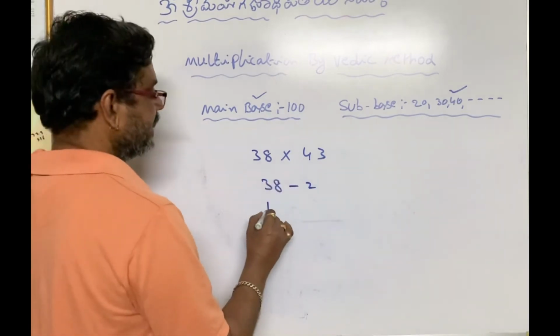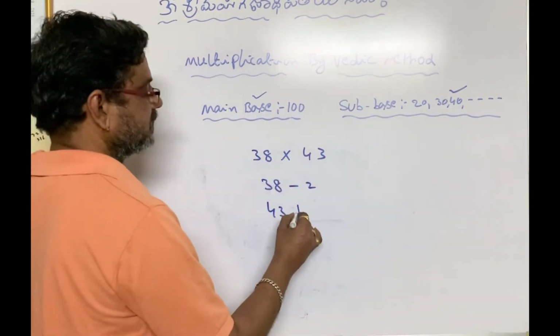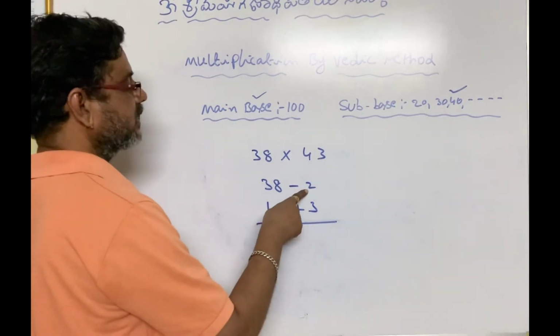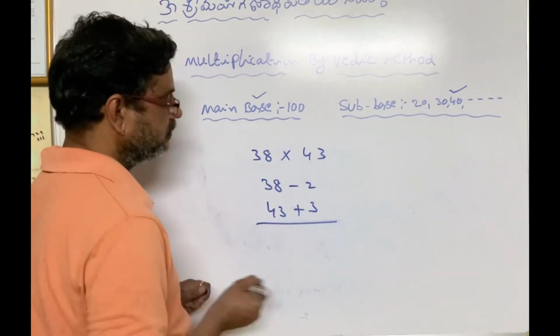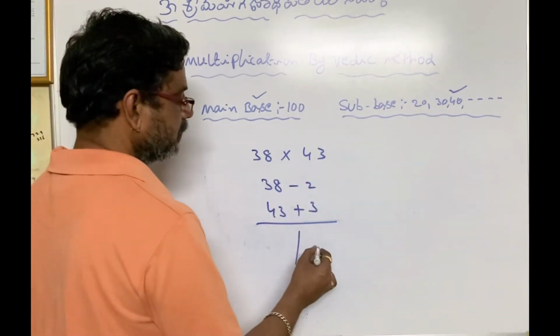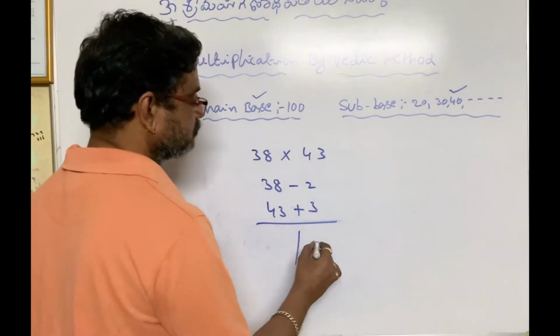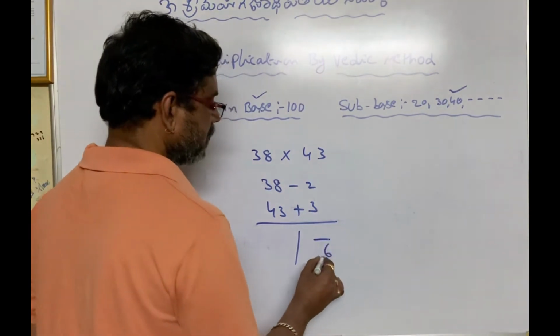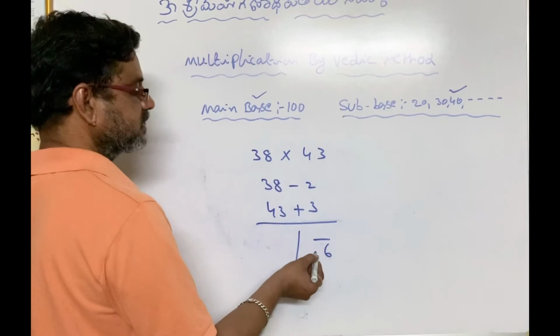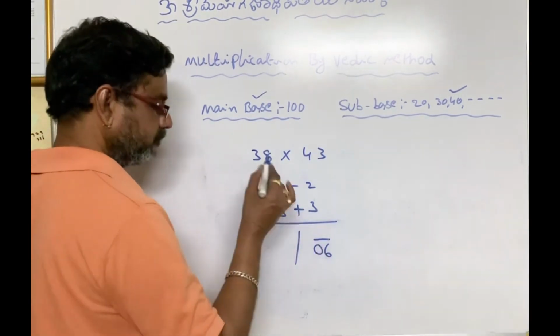And 43 is 3 more than the base, I will write plus 3. So here one is a negative deviation, the other is a positive deviation. First I will multiply the deviations. Minus 2 into 3 is minus 6, which I will write as bar 6. But here we have to write units place and tens place both. Since there is no tens place, I will keep 0 here.